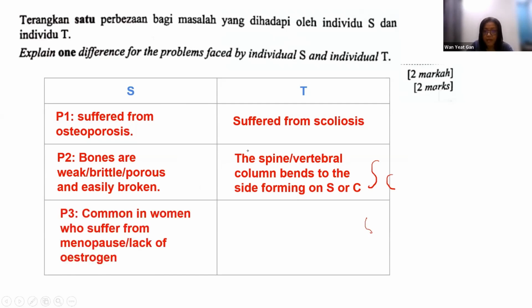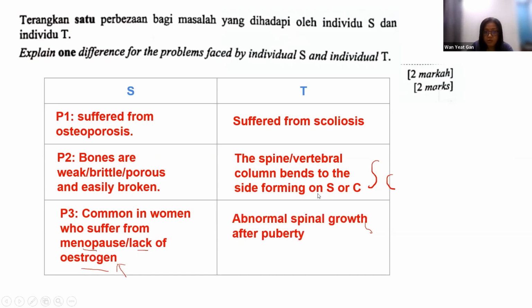Next, osteoporosis is common in women who suffer from menopause, that means women who have reached menopausal age. One of the reasons is the lack of estrogen, as the hormone estrogen decreases when a person reaches menopause age. Lack of estrogen causes the absorption of calcium to be less. Therefore, women have a higher risk of suffering from osteoporosis.